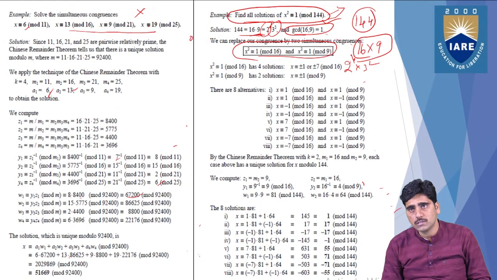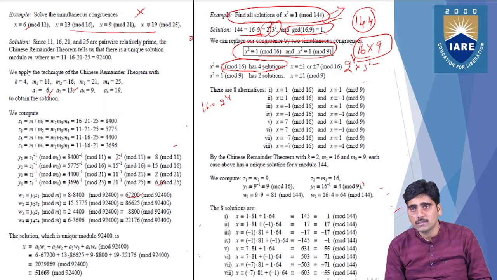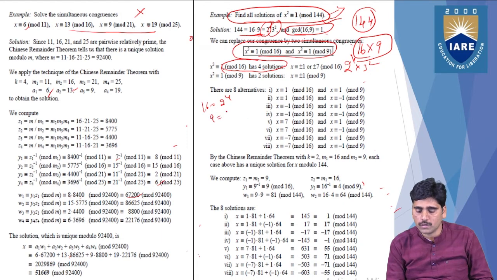The first has 4 solutions because 16 equals 2 power 4, so we need to obtain 4 solutions. Similarly, for 9, which is 3 square, there are 2 solutions.